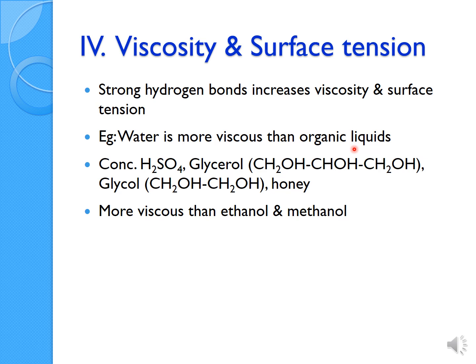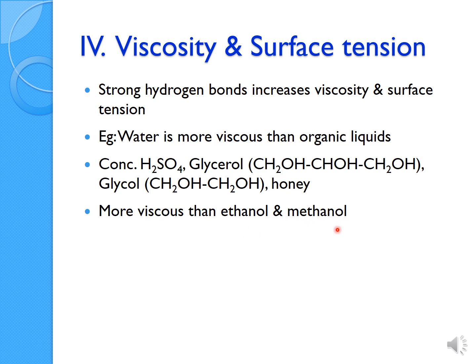Other examples are concentrated sulfuric acid, glycerol, glycol, or honey, etc. All these are highly viscous due to extensive hydrogen bonding present in them. These are more viscous than even ethanol and methanol, etc.